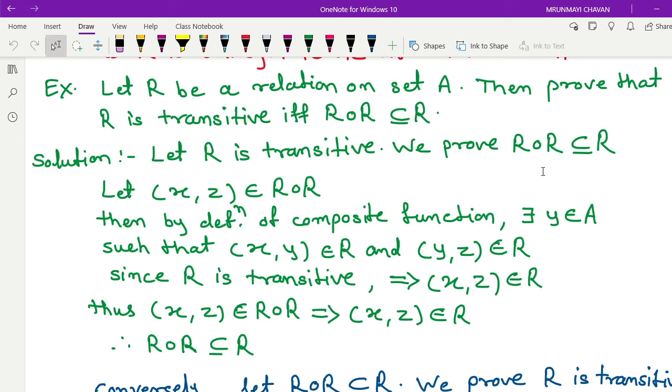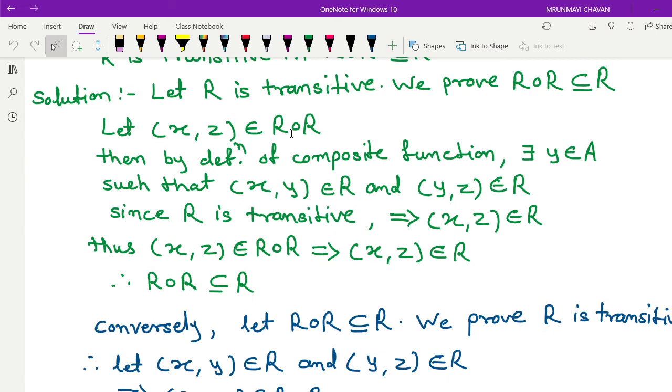So for R circle R is subset of R, take a pair from R circle R. So let xz belongs to R circle R. So here is composite relation of R and R. Therefore, if there is a composite relation R circle S, then if xz belongs to R circle S, we say that there exists element y belongs to set.